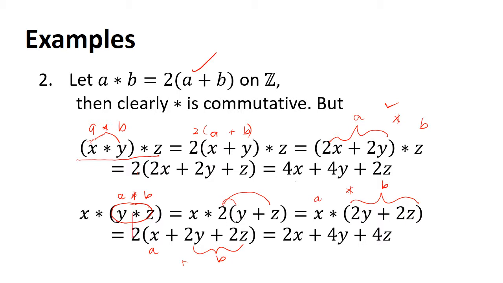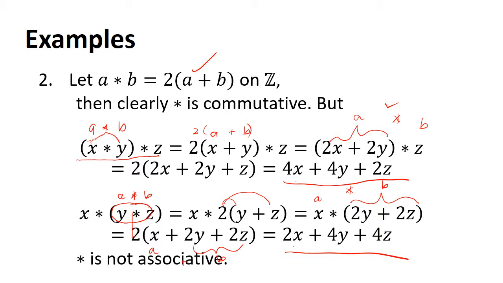Distributing 2, we get 2X, 4Y, 4Z. You can see that when we regrouped it, clearly 4X plus 4Y plus 2Z is not equal to 2X plus 4Y plus 4Z. Thus, the operation defined by A star B equals 2 times A plus B is not associative.